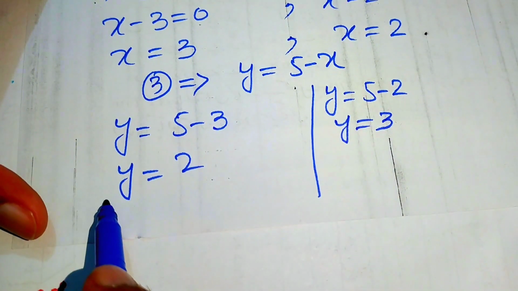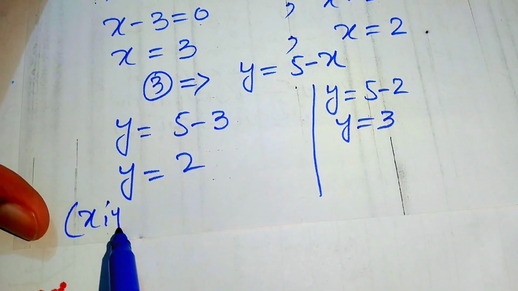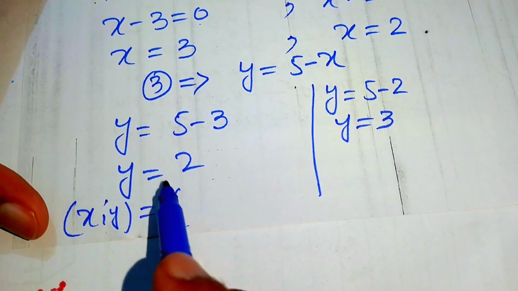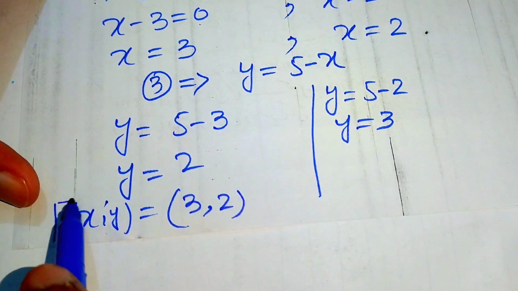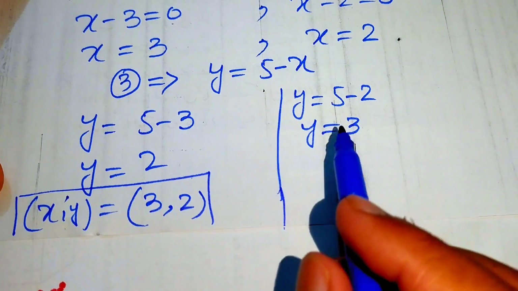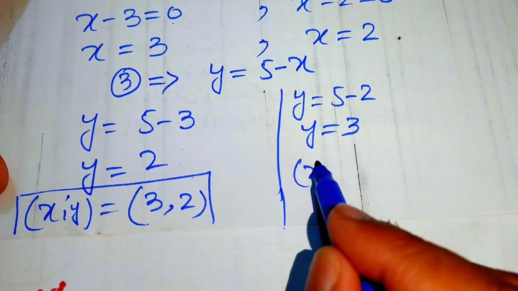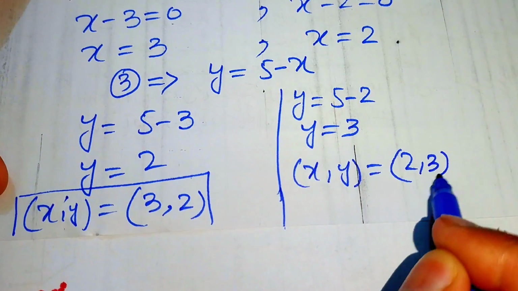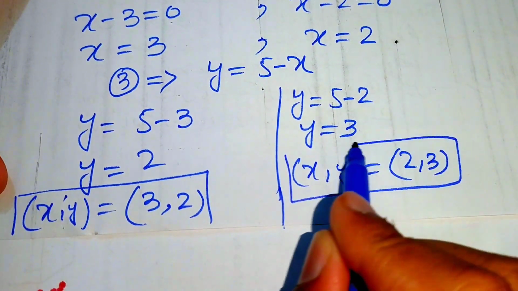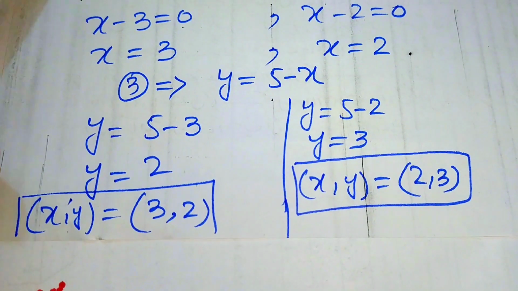So you have two values of x and y. Here we have x is 3 and y is 2. This is the first solution of the given question, and in this case we have x and y equal to 2 and 3. So this is our second solution of the given question, and this is the final answer.